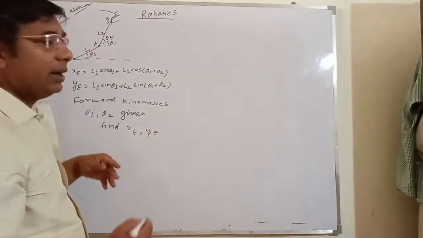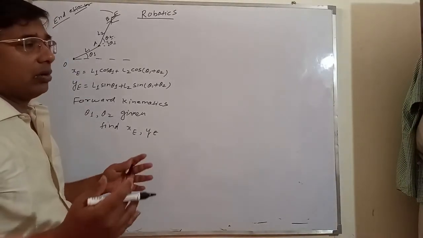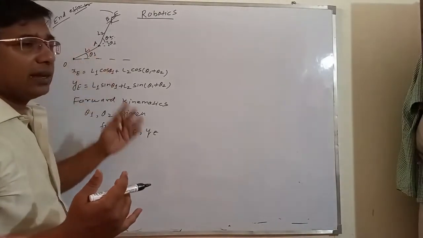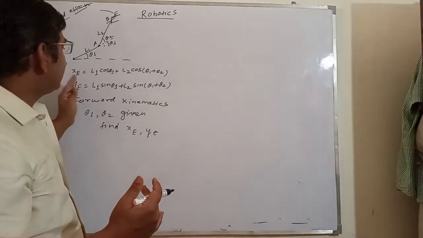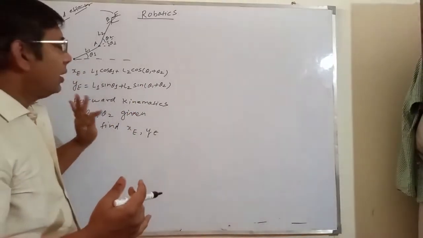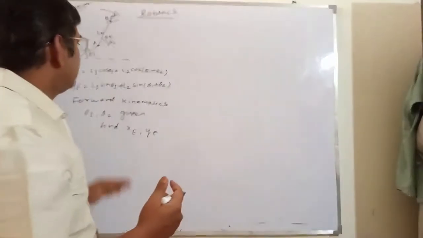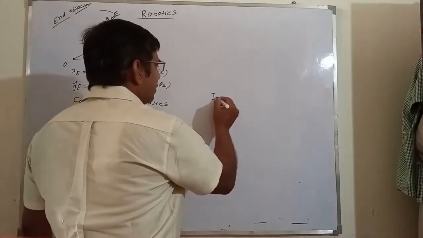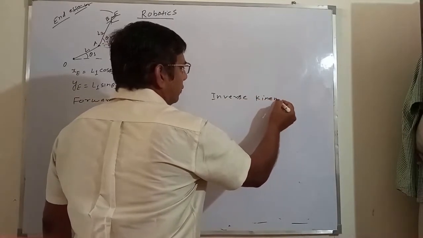But in a practical industrial robot, Puma robot, or many other robots like KUKA robot, we see that there are 6-7 degrees of freedom. So in that case it is not that easy. And the other thing we have to find out, which is a bit more complex, is inverse kinematics.